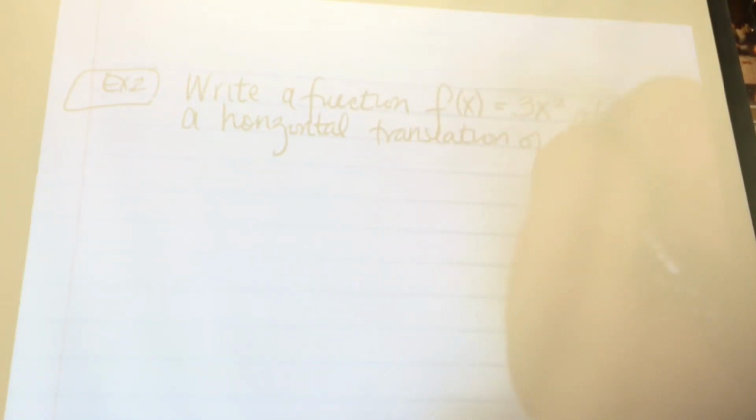Okay. Write a function. F of x is equal to 3x squared after a horizontal translation of 5 units to the right.